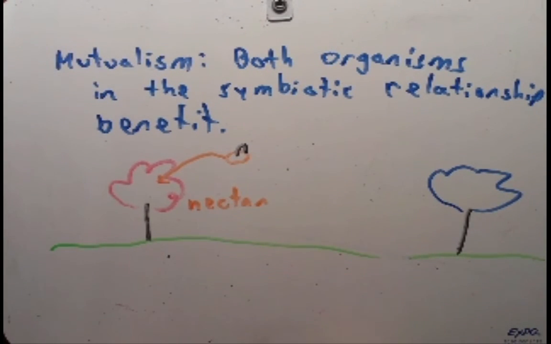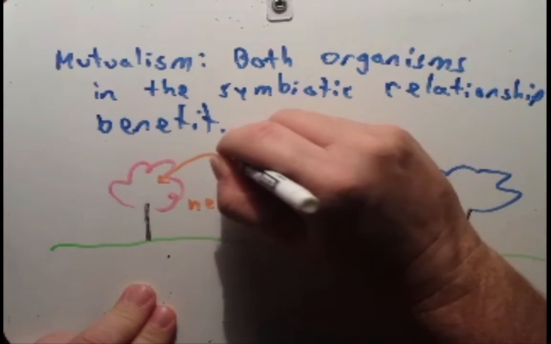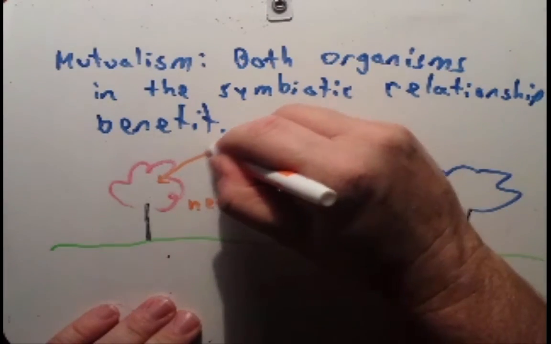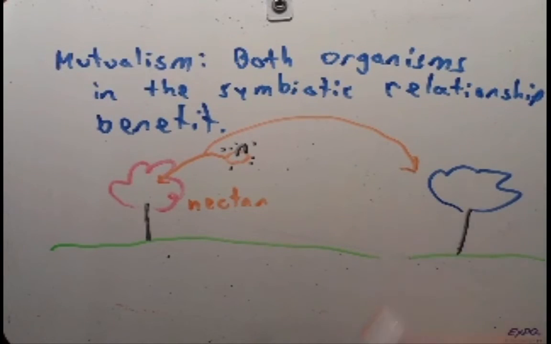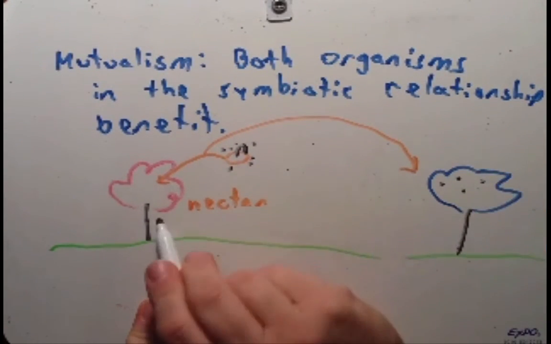So it comes here to drink the nectar, or to consume the nectar. And while it's doing that, what will happen is that pollen grains will attach to the bee, to its wings, to its body. And now, as this bee goes from flower to flower, it's going to come over to this flower. And when it does that, it's going to deposit the pollen from this red flower over here to this blue flower.